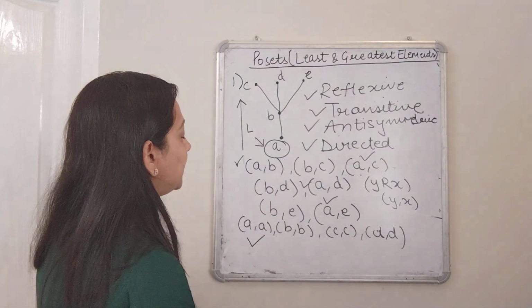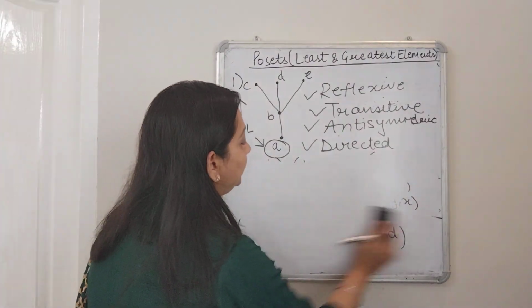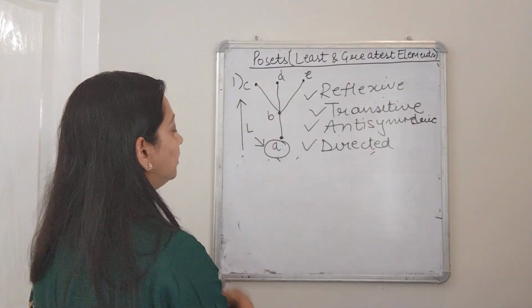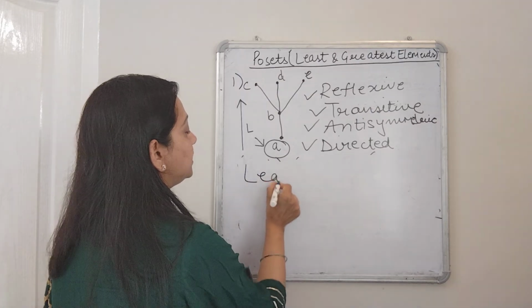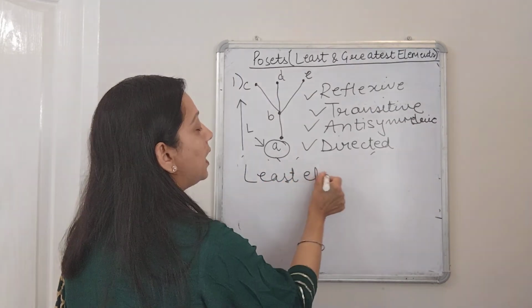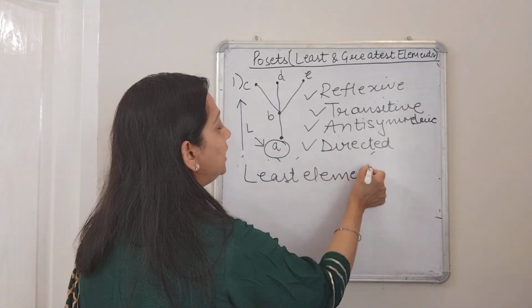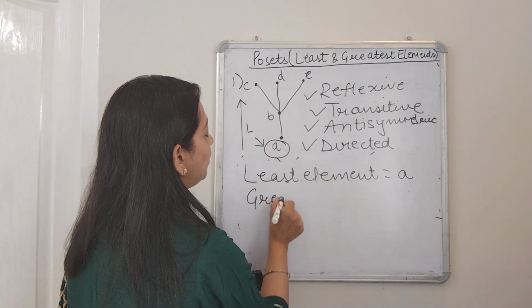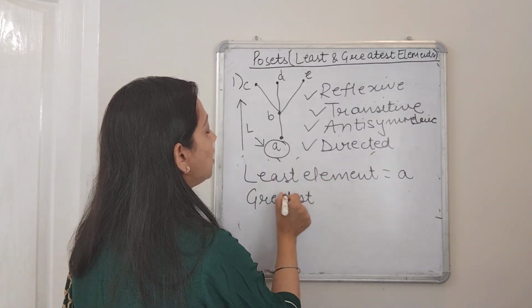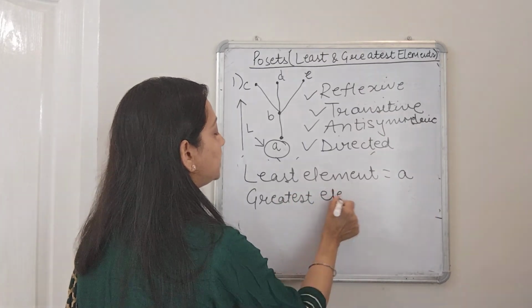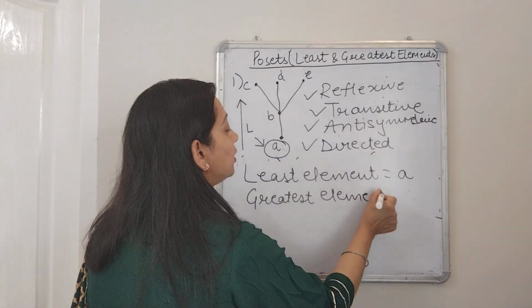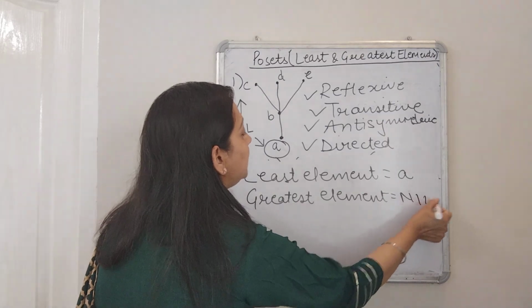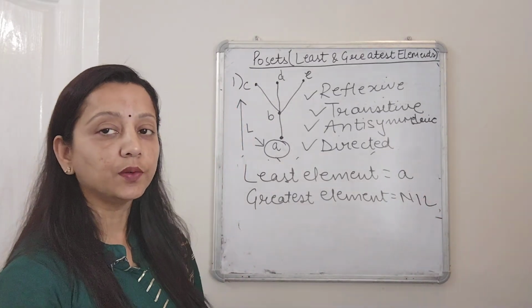So the least element here is A, but there is no greatest element in this poset or in this Hasse diagram.